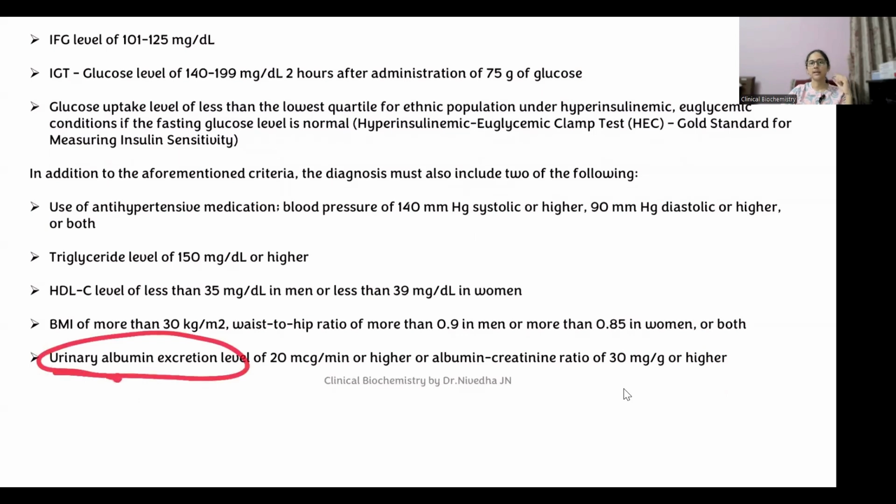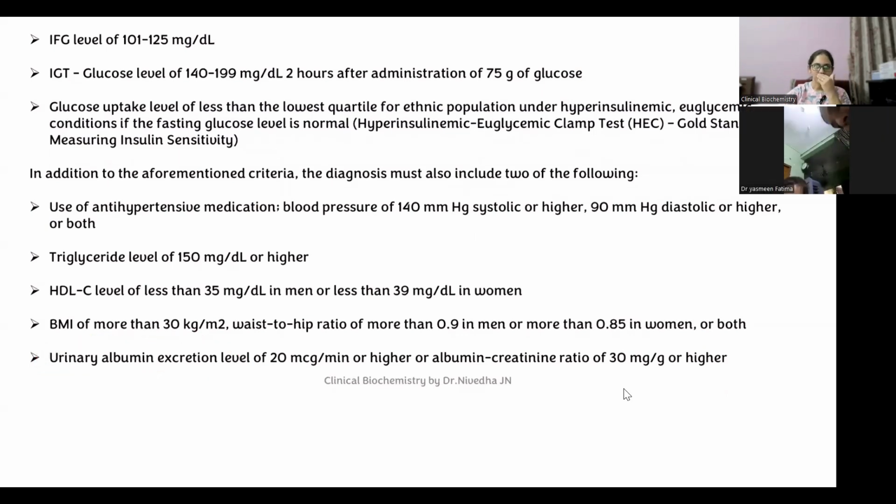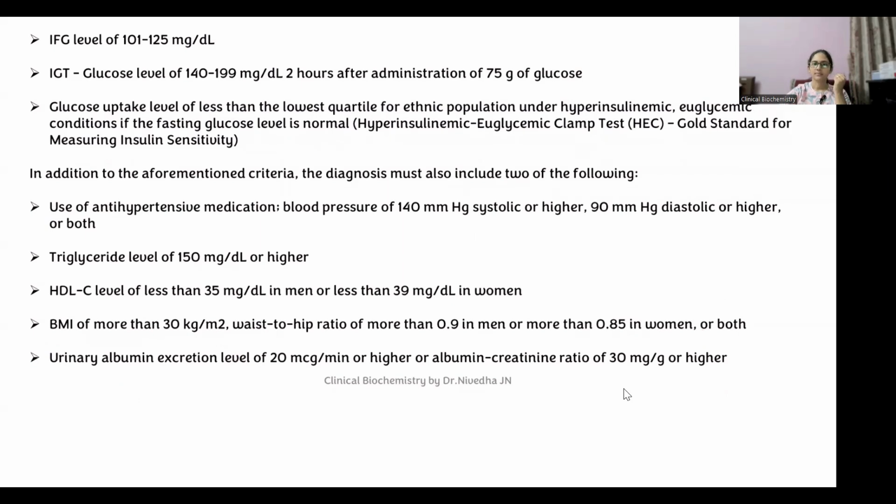So they are also checking for microalbuminuria: urinary albumin excretion of more than 20 micrograms per minute, or albumin creatinine ratio of more than 30 milligram per gram of creatinine.